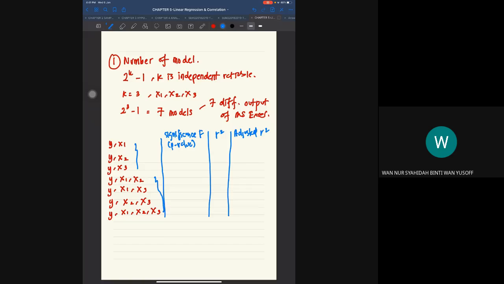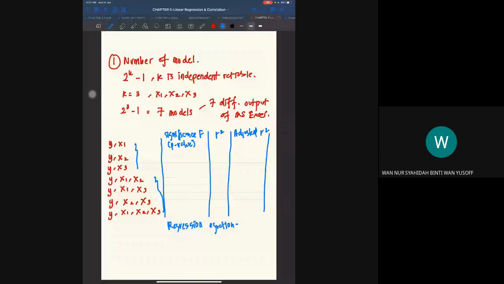And the fourth one is the regression coefficient. Why do we need the regression coefficient? Because when we identify the best model, we need to write its equation.